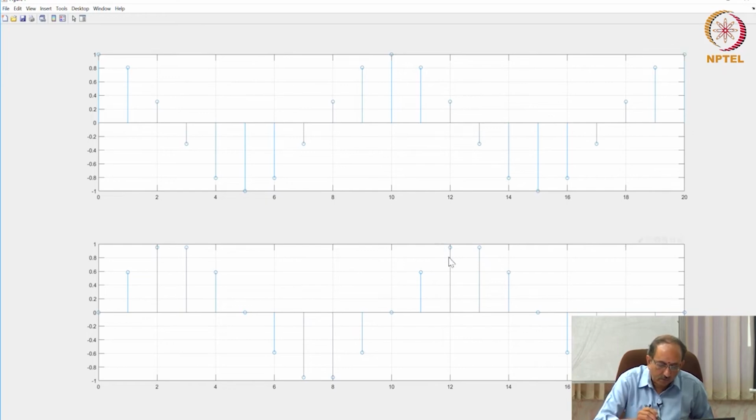Whereas here, the peak does not quite hit plus 1 and the negative peak does not quite hit minus 1. Correct? So these two don't appear as if they are a shifted version of each other.